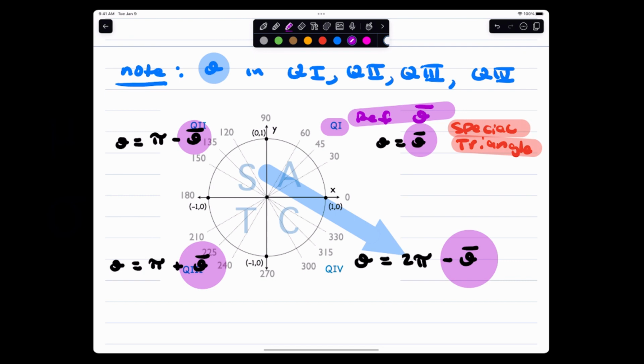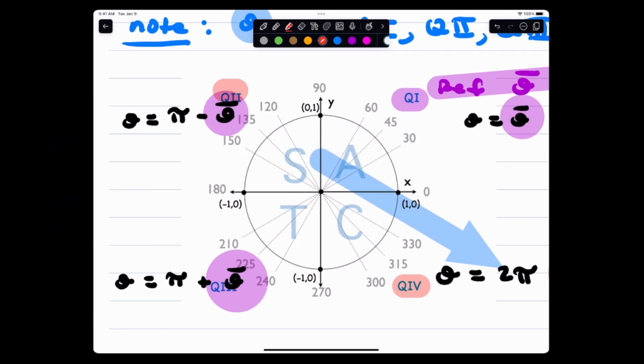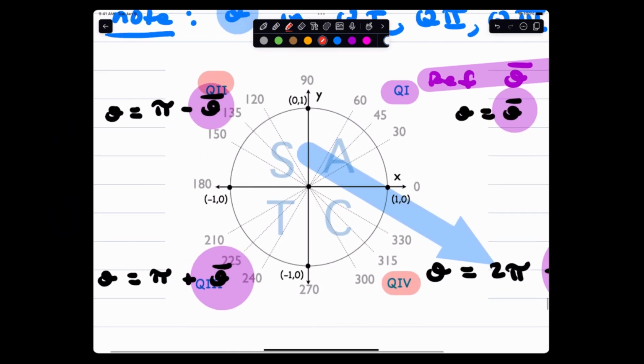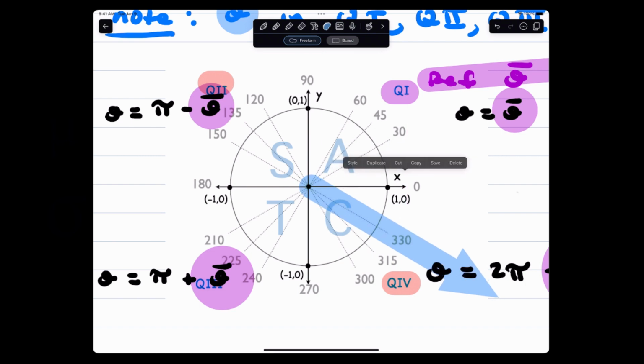What 2 quadrants are there? Where's tangent negative? It's going to be quadrant 2 and quadrant 4. Yes, 2 and 4. Why is tangent negative in quadrant 2 and 4? Because of the meaning of all students take calculus.